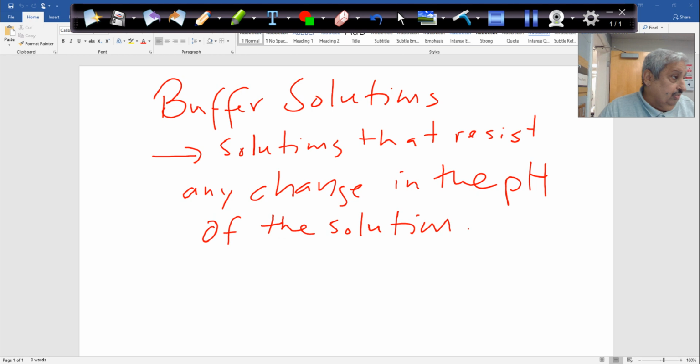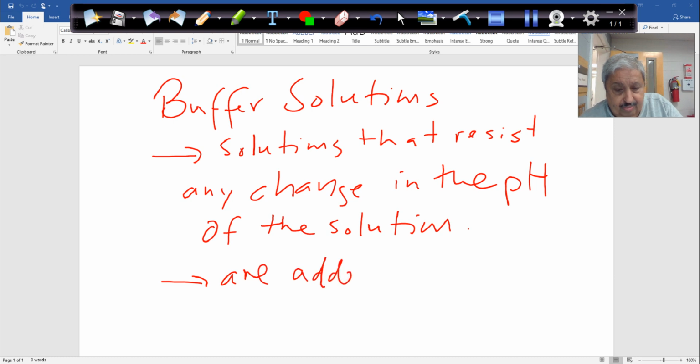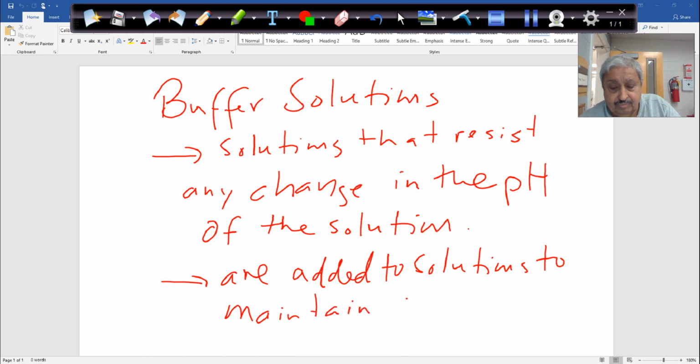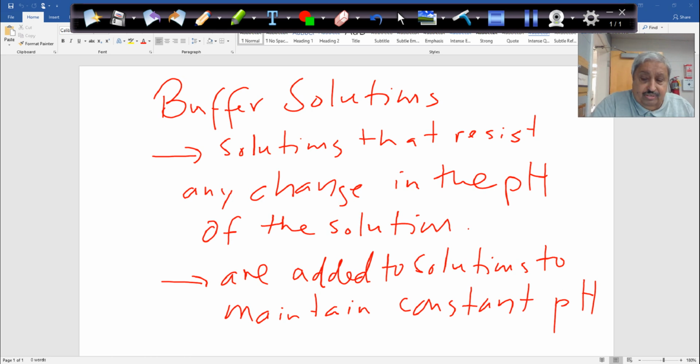They are added to solutions to maintain constant pH. So to maintain the acidity and the basicity of a solution, really both acidity and basicity are not changing. They are kept constant. So that's a buffer solution.